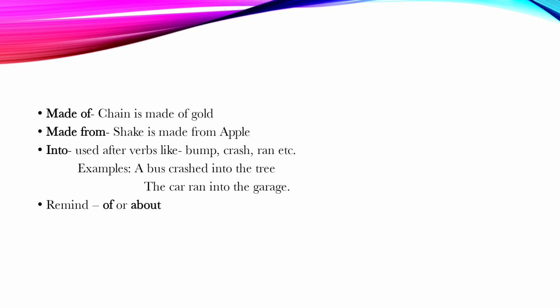You just remind it, or just remind this. When it means to prompt somebody's memory, we are asking them to remember. You please remind me of this thing, or you please remind me about this thing. Okay, so these are the major prepositions.